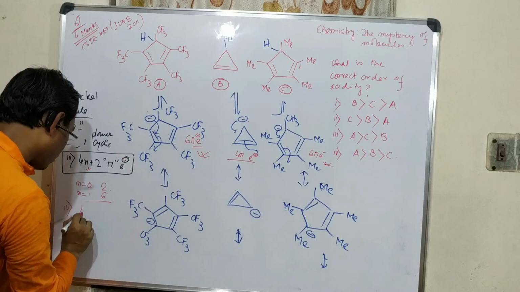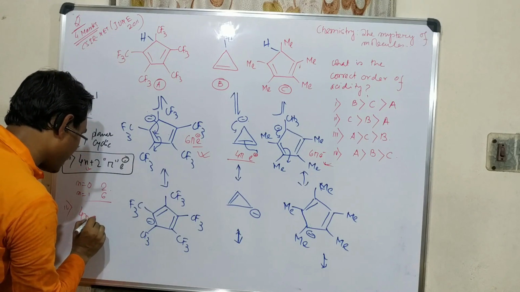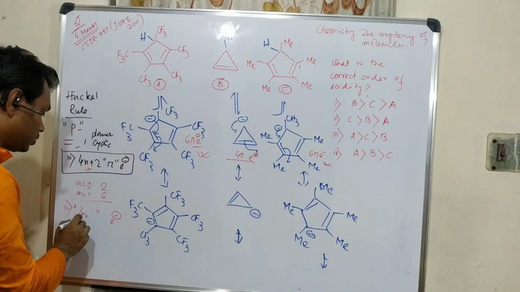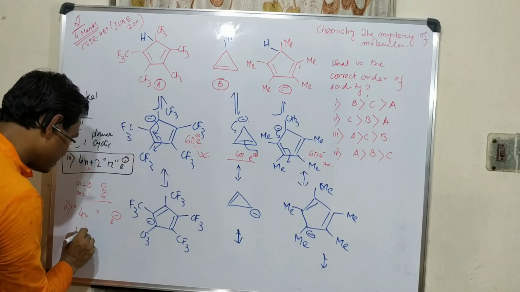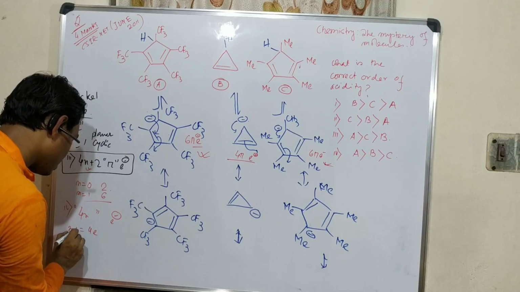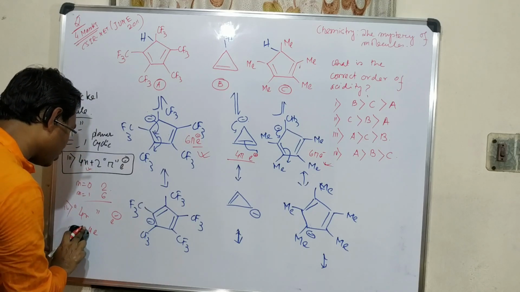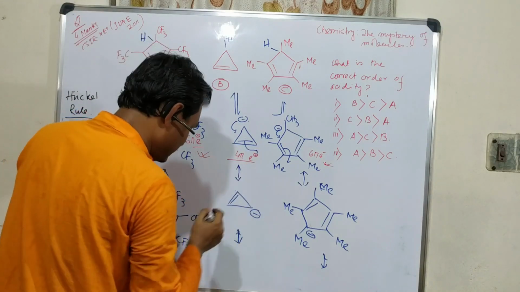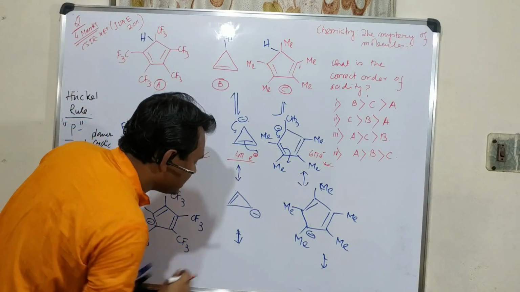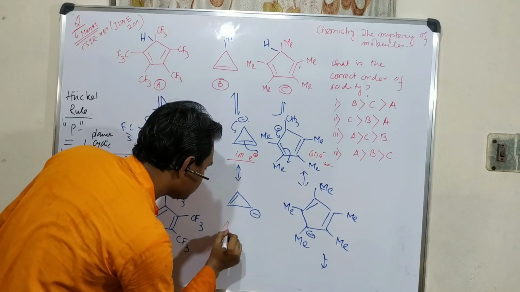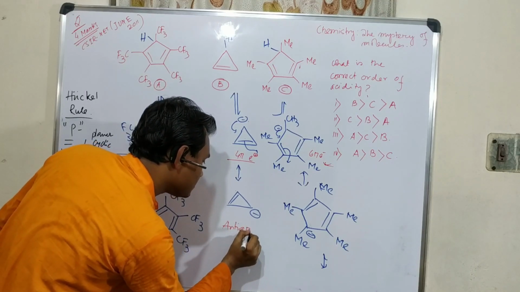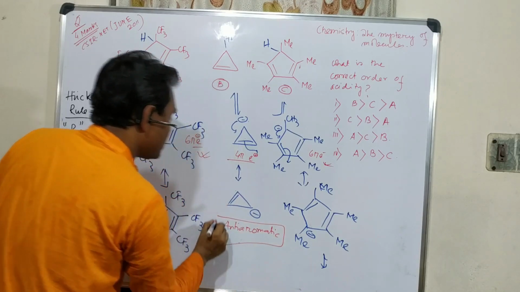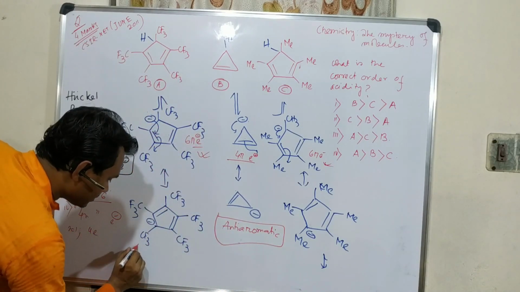Anti-aromatic is 4n number of pi electrons. If n equals 1, the number of electrons is 4. So this indicates that this is anti-aromatic. Now this is aromatic.